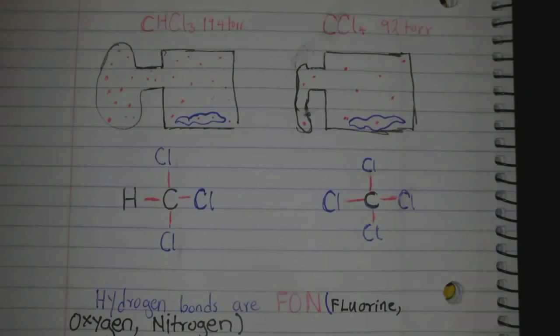A is wrong because if the dispersion force were stronger, the molecules would not want to separate from the liquid phase, which means the vapor pressure would be less, but that is not the case in this scenario right here because the vapor pressure of CHCl3, which is 194 torr, is actually higher than the CCl4, which is 92 torr, as depicted by these balloons in these pictures. Another reason why A is not the correct answer is that the dipole-dipole force cannot exist between nonpolar molecules.